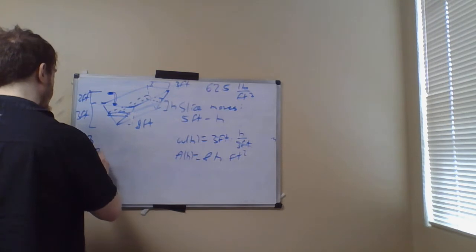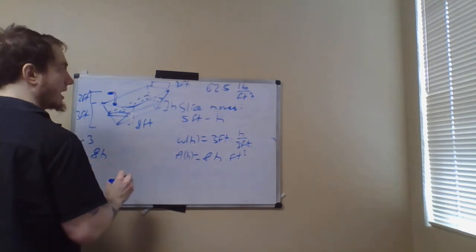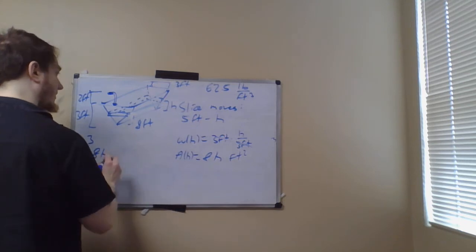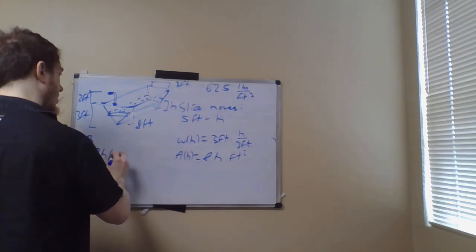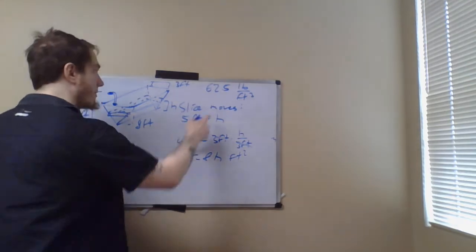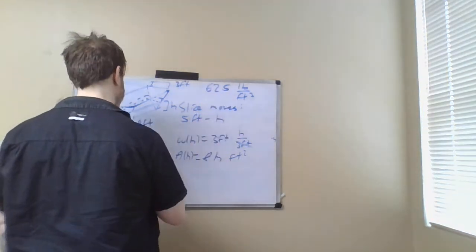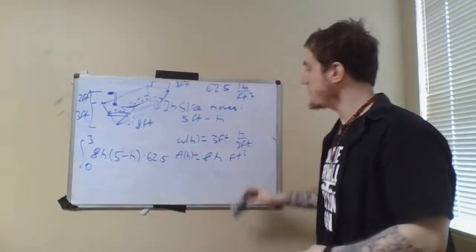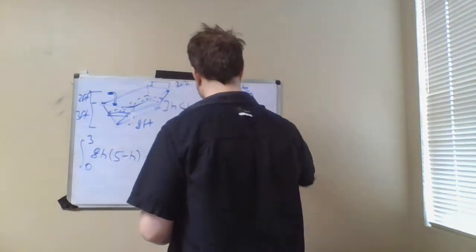The area, which is 8h, and then I need to multiply that by the height it moves, which is 5 minus h. Then I need to multiply it by this force density, 62.5. And finally, I need to multiply it by dh.